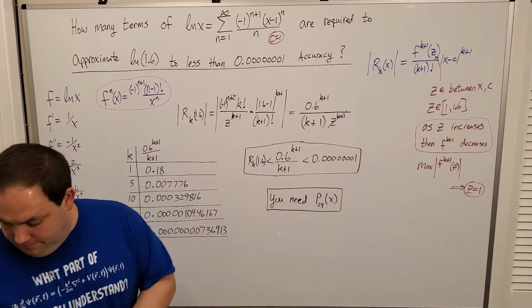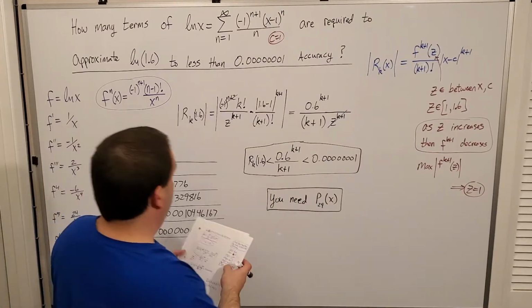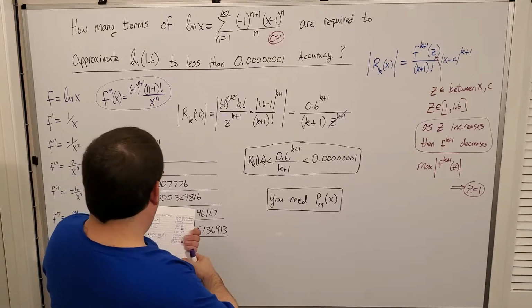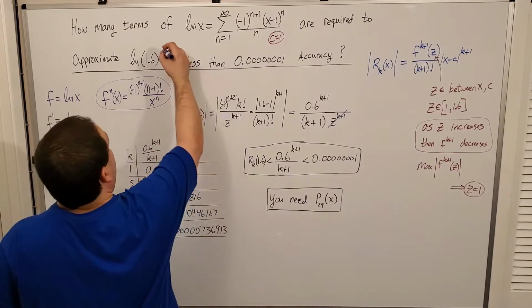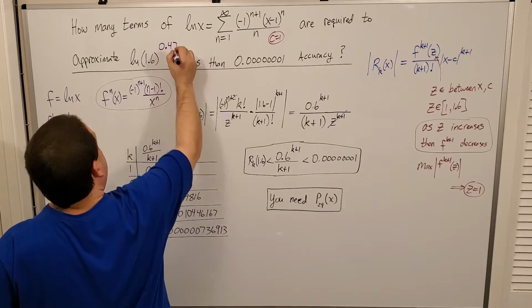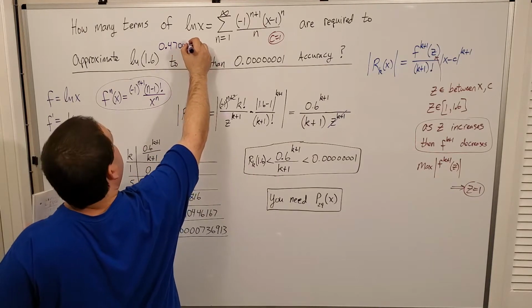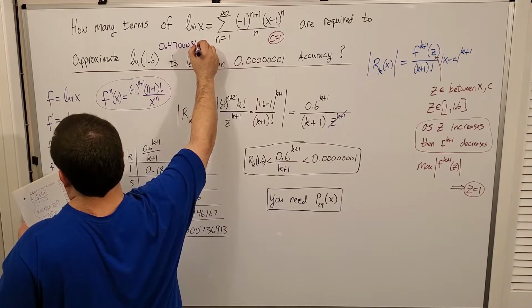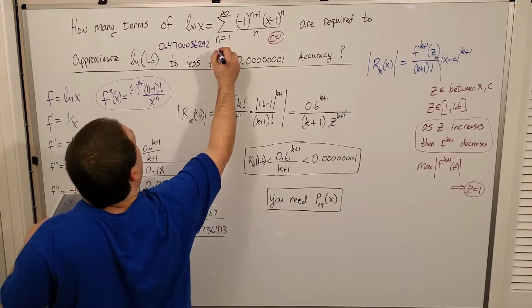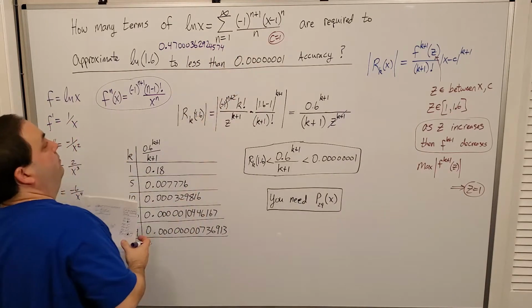Now, incidentally, the actual value of ln of 1.6, okay? The actual value, well, I say actual, the value I looked up, 0.470003629245744. And of course there's more, okay?